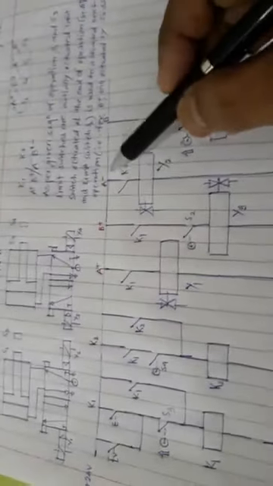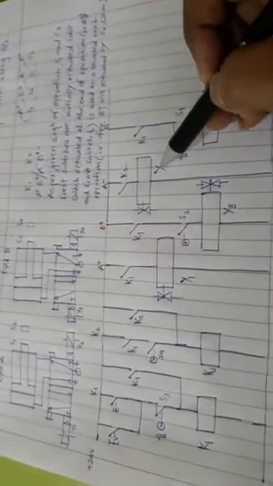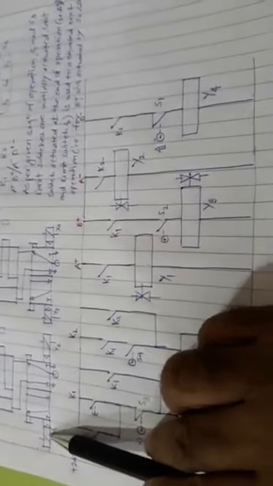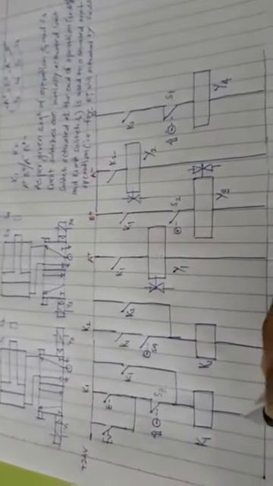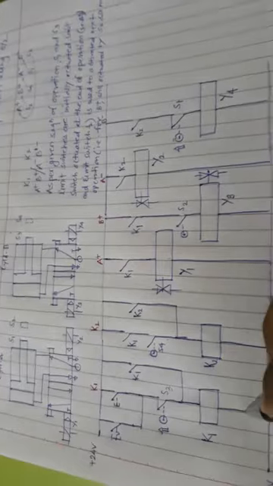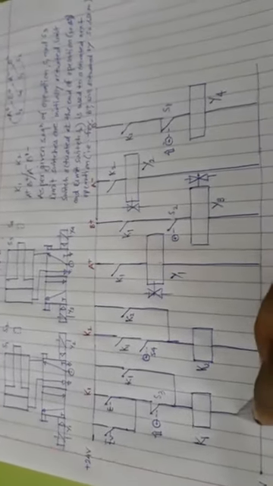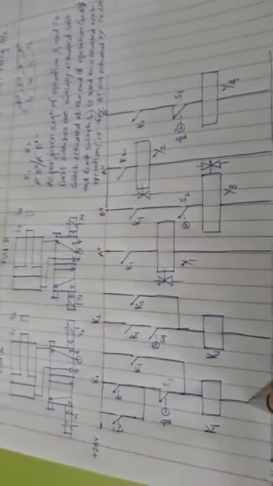As Y2 will be energized, the A minus operation will be completed. We have to take care that when Y2 is energized, Y1 must be de-energized. To de-energize Y1, we have to switch off K1. How to switch off K1?